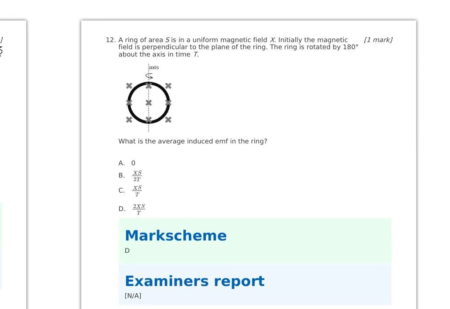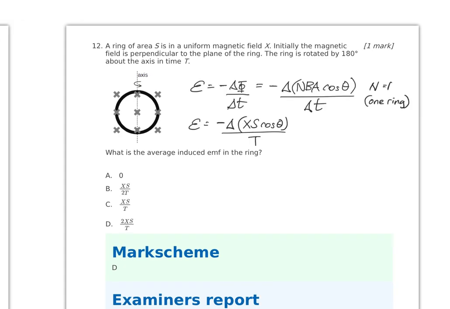Okay, next question. For number 12, we have a rotating ring, and it's asking about the EMF. EMF is negative the change in flux over the change in time. They told us the change in time was time T, and I know that flux is NBA cosine theta, and N is 1 ring, and B they're calling X, and area they're calling S, and that's fine.